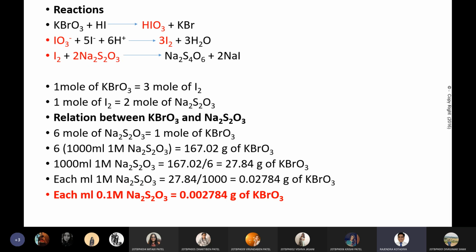So any questions till this particular case? No, sir. Okay, then just tell me how we can find the molarity of our prepared Na2S2O3 solution based on this factor.